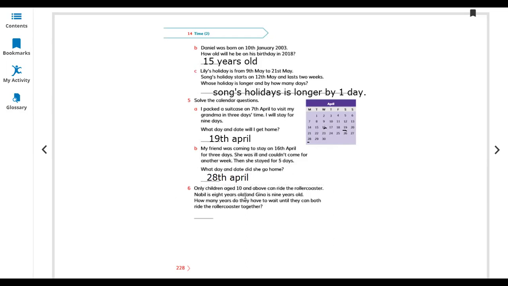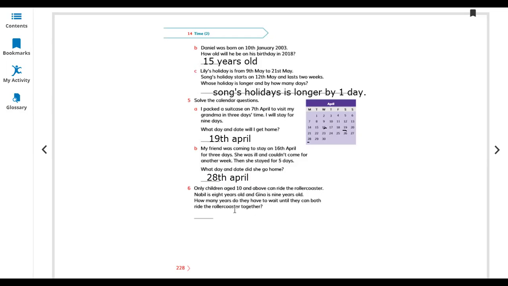Only children aged 10 and above can ride the roller coaster. Nabil is 8 years old and Gina is 9 years old. How many years do they have to wait until they can both ride the roller coaster together? So what do you think?